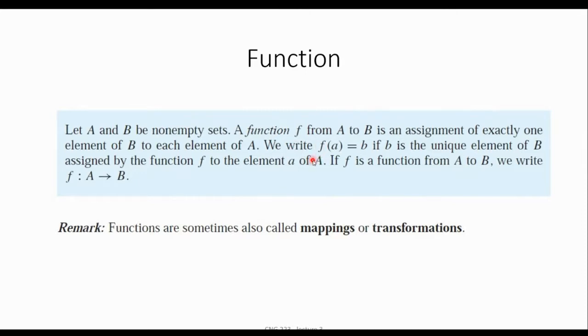But let's continue. We write f(a) = b if b is the unique element of B assigned by the function f to the element a of A. So A and B that we define here are sets, non-empty sets. We show them by capital letters, and a and b are just elements of them.